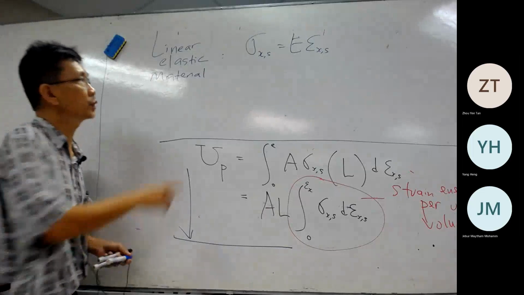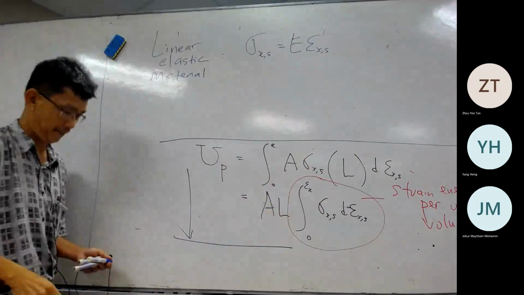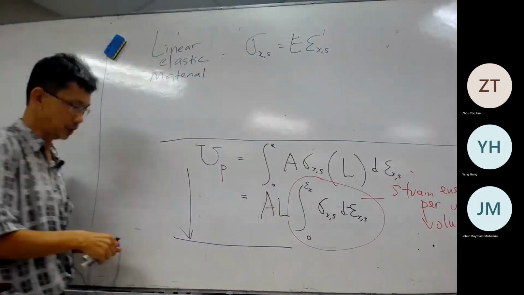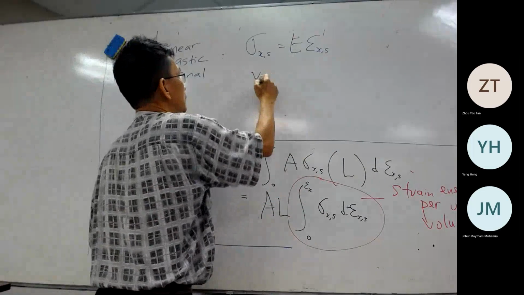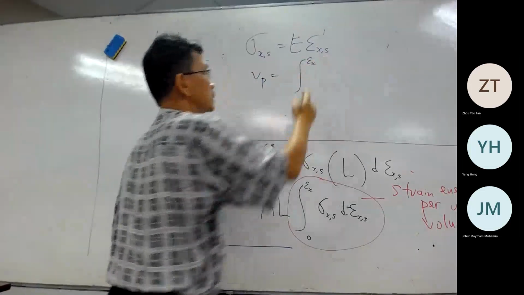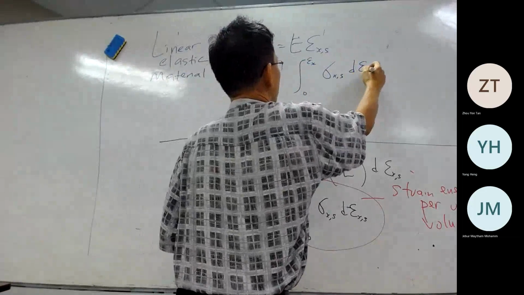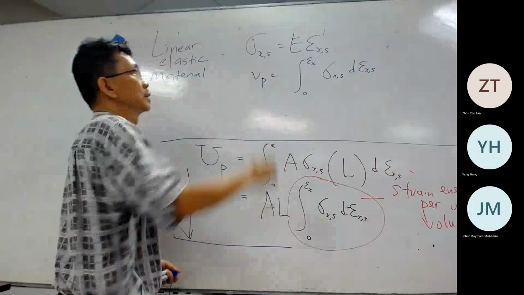So now, if we introduce this into the strain energy, which is equal to the integration from 0 to strain epsilon x of sigma, the area under the stress-strain diagram.